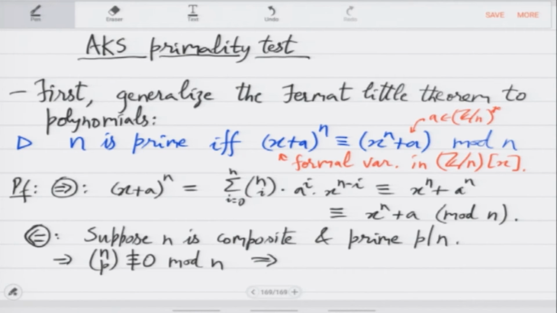This you can show simply by the definition of binomial n choose p. Essentially p is dividing in the denominator n times n minus 1 times up to n minus p plus 1, right. So, n won't be able to divide this number, and because of that in the binomial expansion of (x plus a) to the n, the term n choose p will survive.